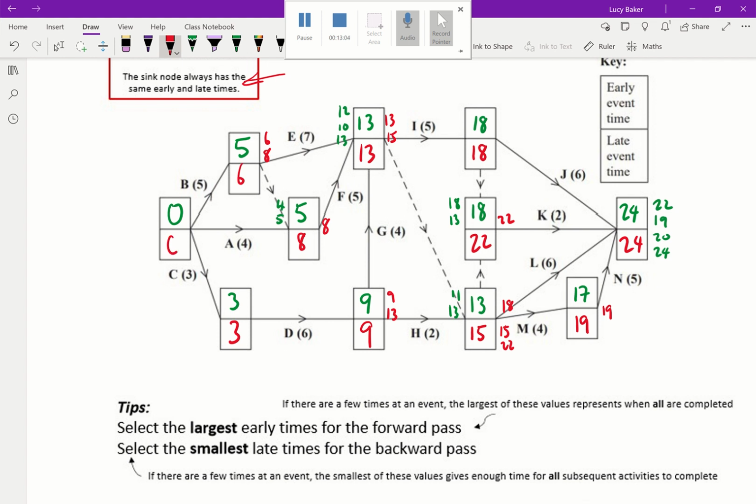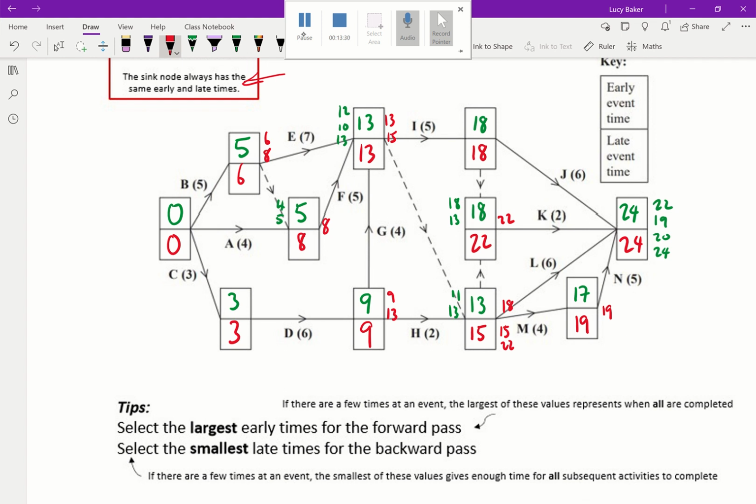And finally, my source always has 0 as the early and late time. So let's just check that makes sense. Yeah, this one's going to give me 0. So if I have a late time of 3 and I go back activity C, I'll get to 0. So that's going to be the lowest number.